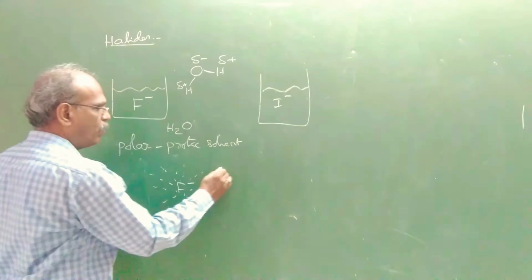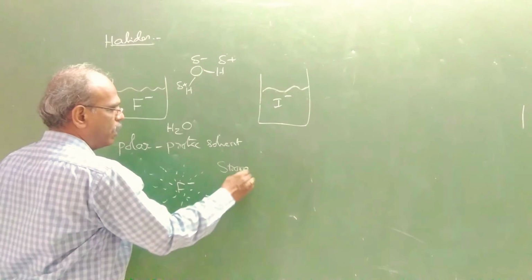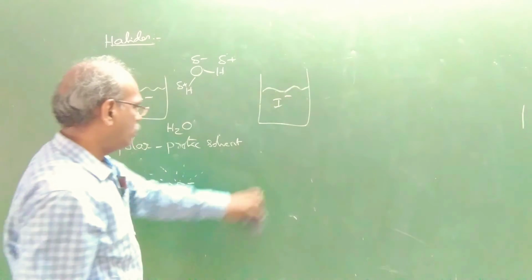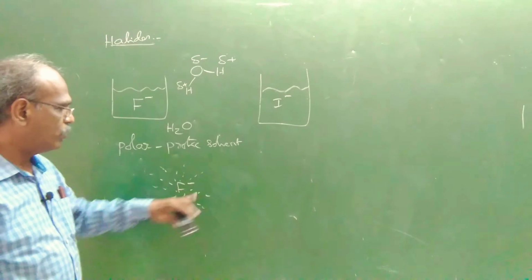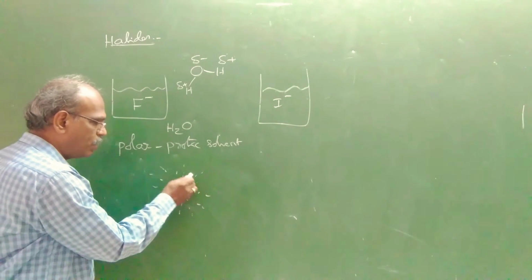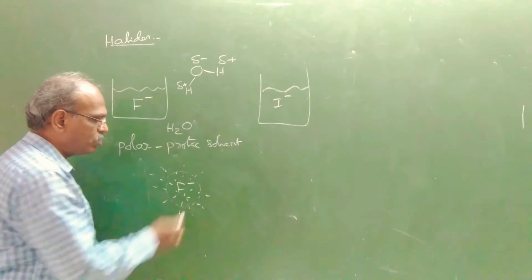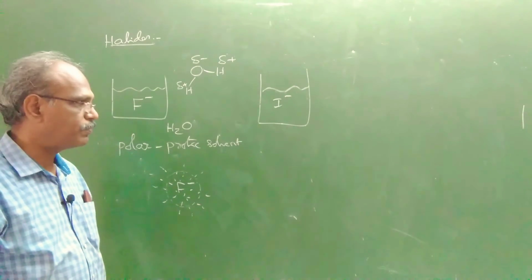Here it can form strong hydrogen bonds with the donor atom. Protic solvents form hydrogen bonds, which means the donor atom is surrounded by a large number of solvent molecules.